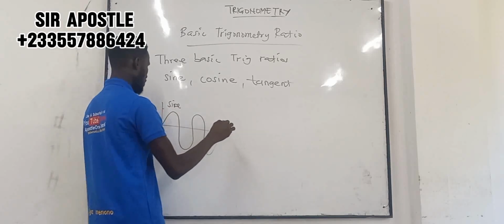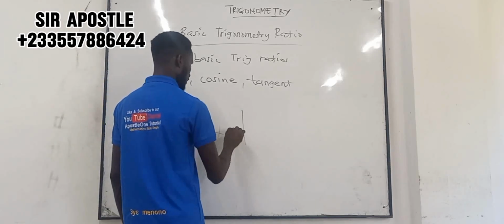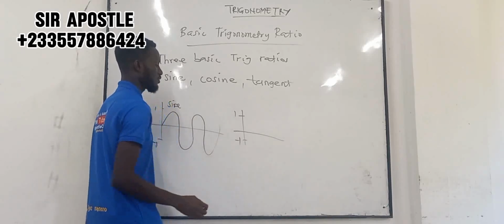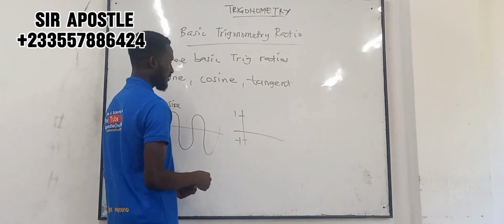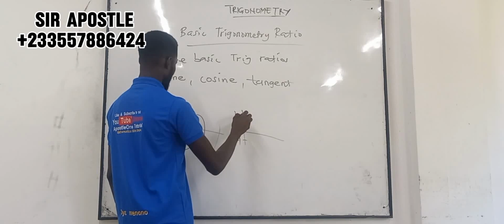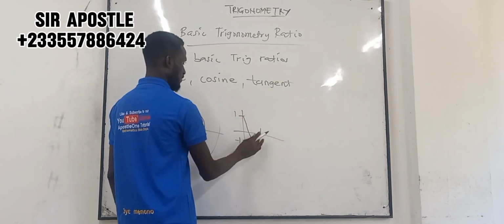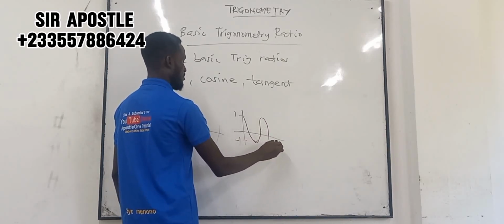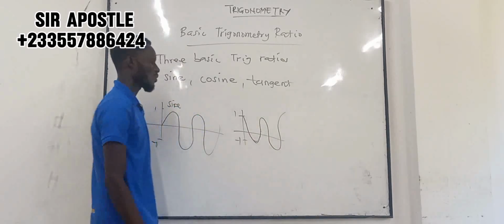And then the nature of the cosine graph: that one too has a maximum of 1 and a minimum of -1. The cosine graph starts from the maximum, moves down to the minimum, and goes back up to the maximum in that order.